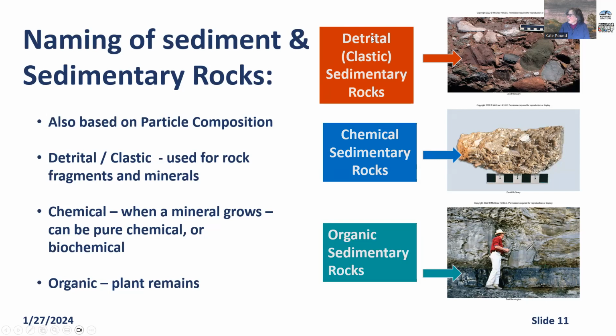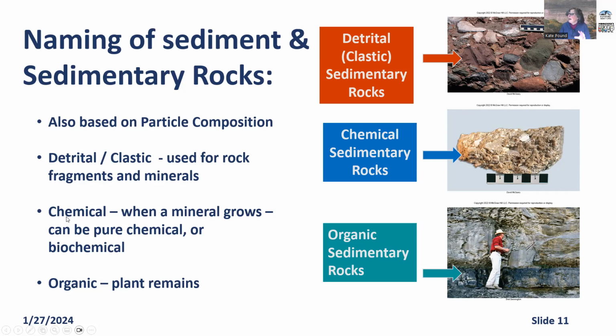First of all, we have our detrital or clastic sedimentary rocks. What you're looking at here is a sedimentary rock made up of rock fragments or individual minerals that have been broken out of rock fragments. And that happens as the material's being transported.